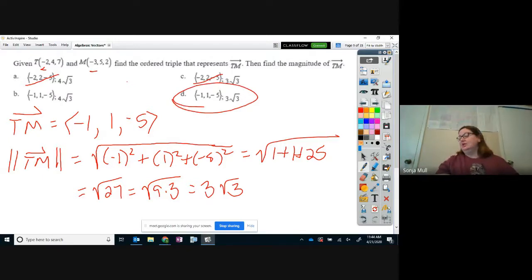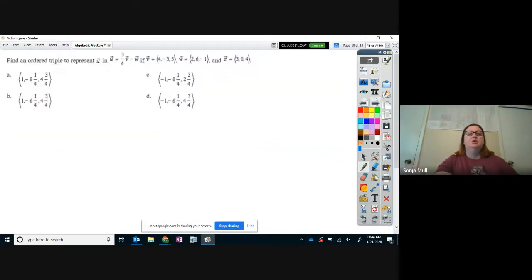Again, just like in 2D, I go through exactly the same actions. I just have to do it one more time. I put one more in here, just because this one is a fraction. I have 3 vectors, but I only want 3/4 times v, so make sure to get the correct vector. That's 4, -3, 5.